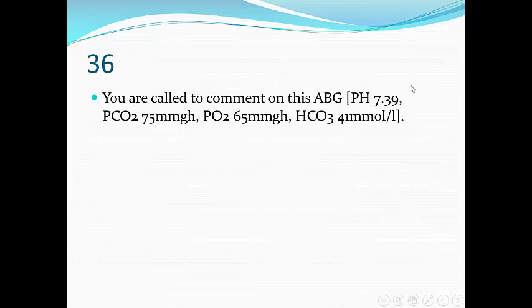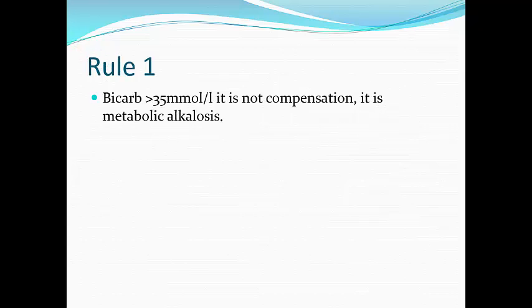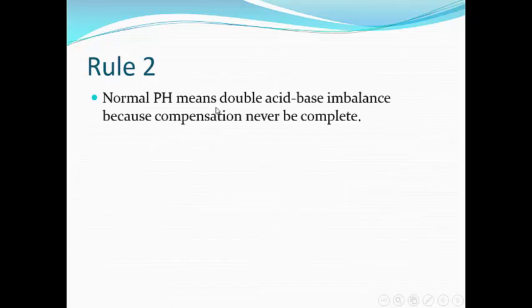So if you find a normal pH, think about double pathology. It's not compensation. It's very important. Bicarb more than 35 is not compensation, it is metabolic alkalosis. Normal pH means double acid-base imbalance because compensation is never complete.